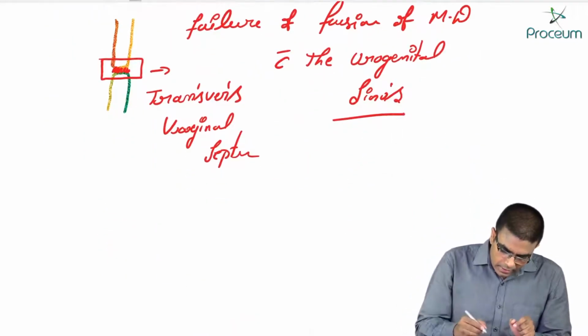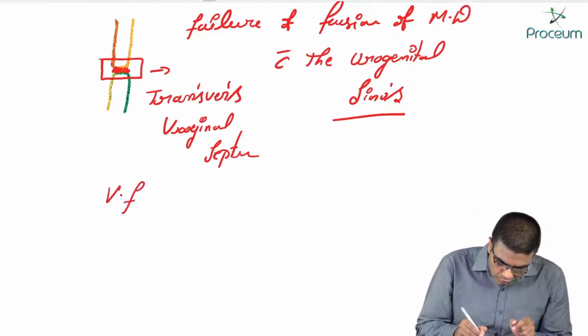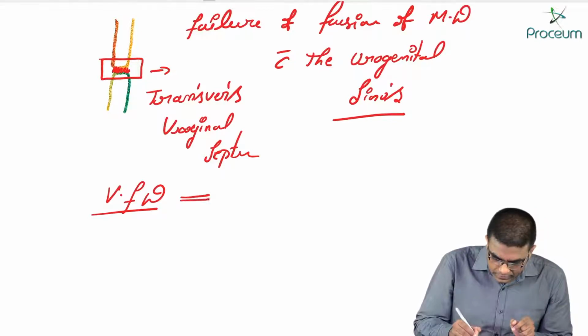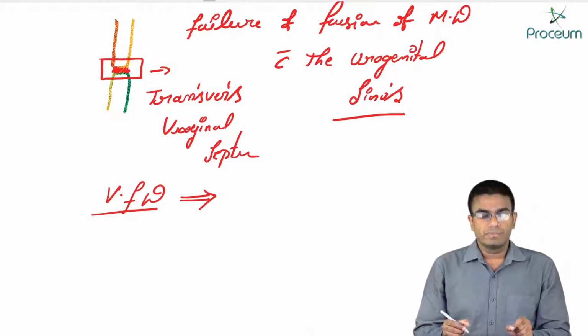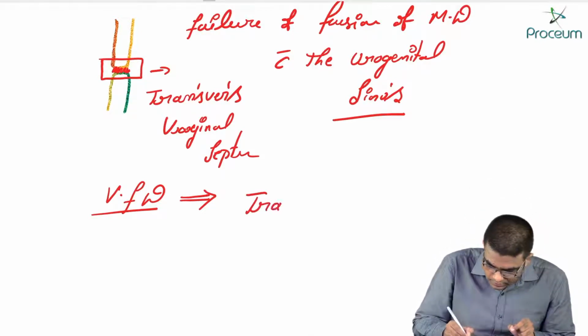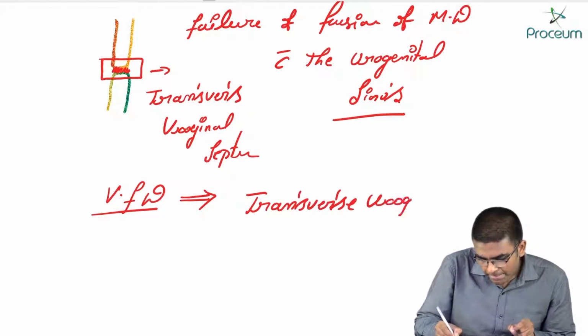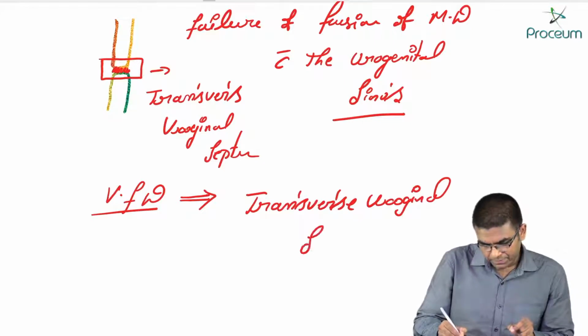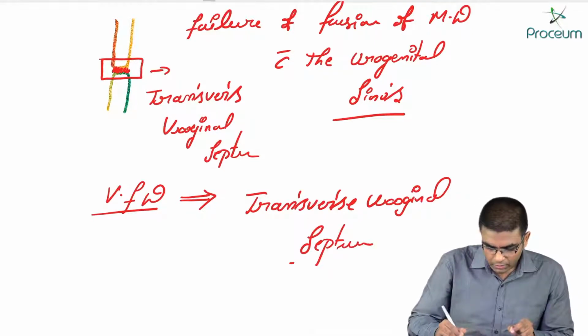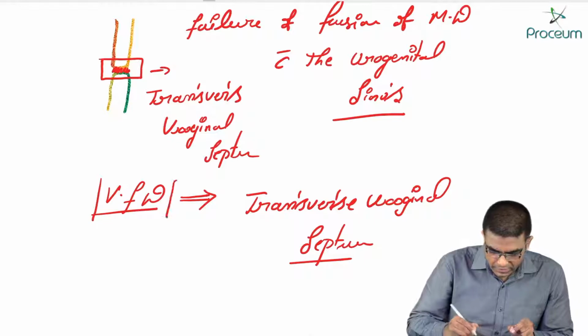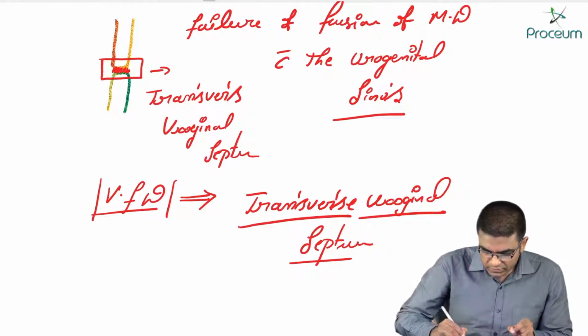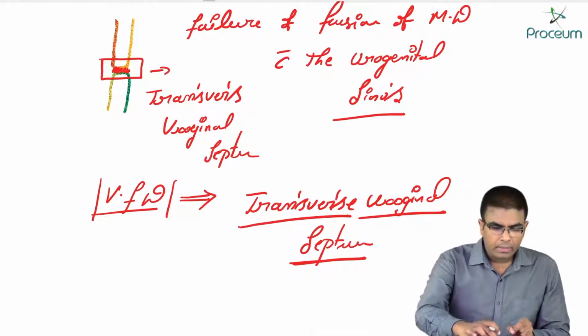It is vertical fusion defect will give rise to transverse vaginal septum. Okay, please don't forget.